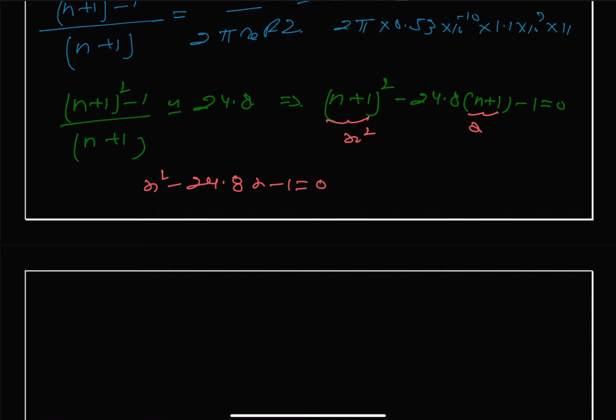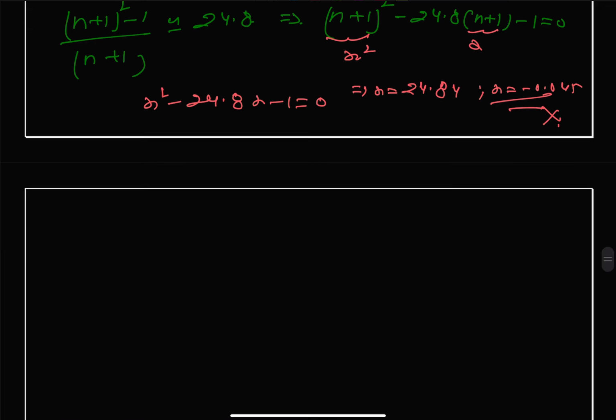Let me write them directly. One value of x will be 24.84, and the other value of x will be minus 0.045. Obviously we have to neglect this one, so we get x is equal to 24.84, and that x was equal to n plus 1.